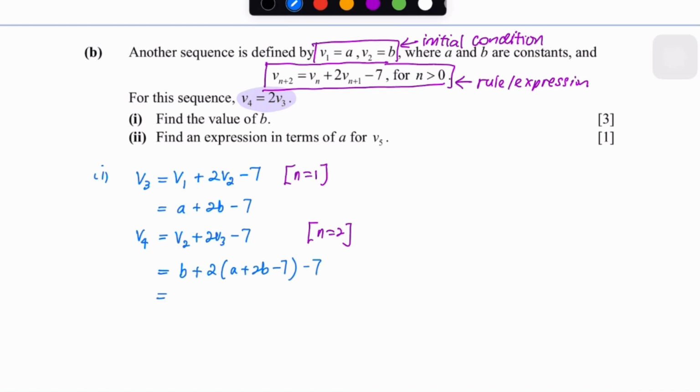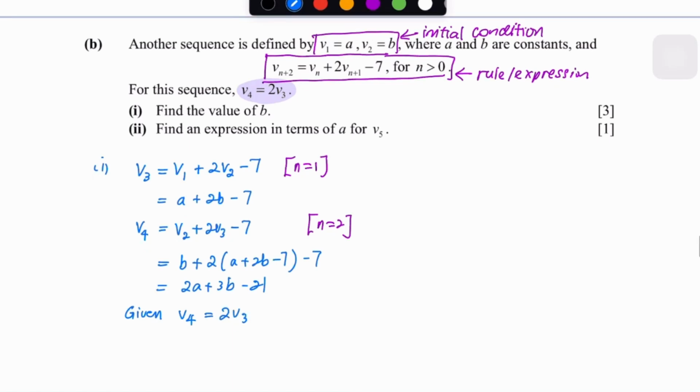So this one over here would be 2A plus 3B minus 21, correct? Agree? And what else do they do? Given V4 equals to 2 times of V3, I will have 2A plus 3B minus 21 equals to 2 times this.